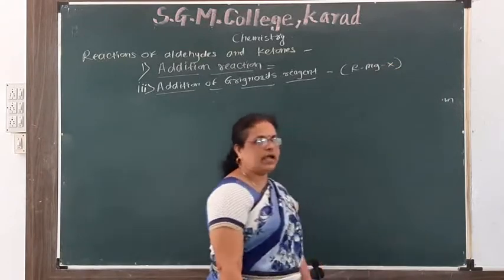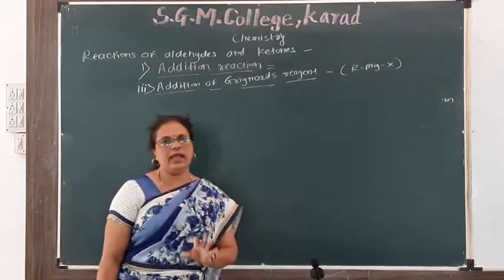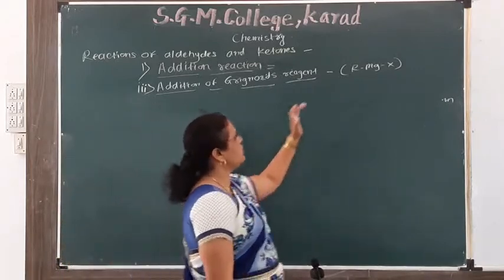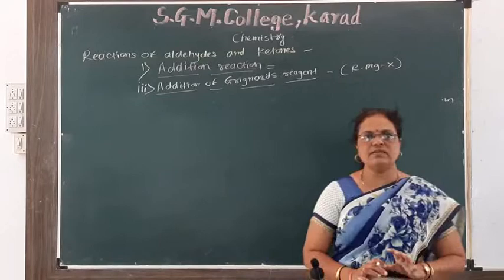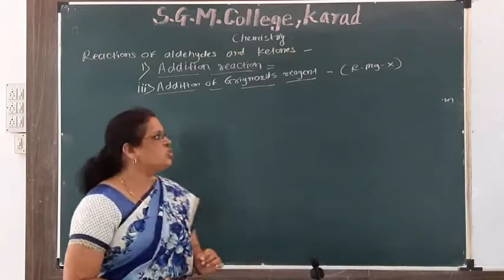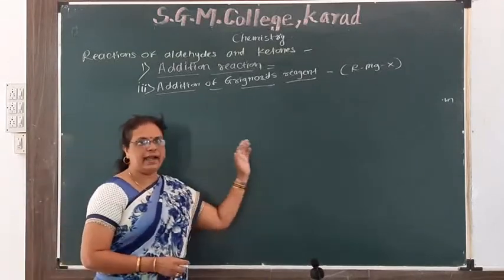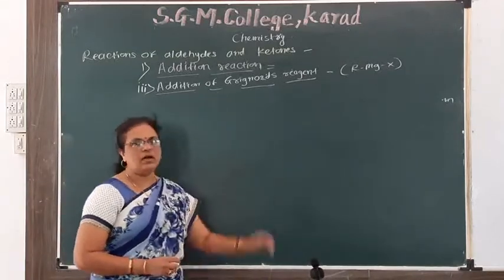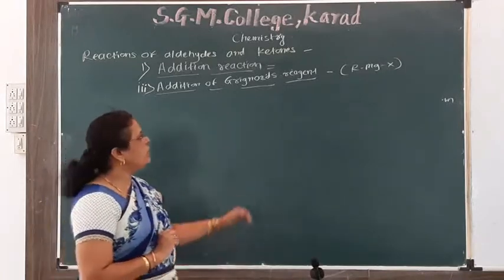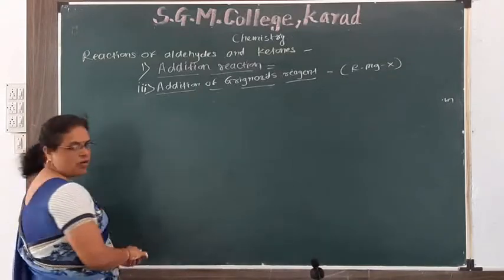When aldehyde and ketone are treated with Grignard's reagent in presence of dry ether, they first give a magnesium complex, and then this magnesium complex on acid hydrolysis gives alcohol.